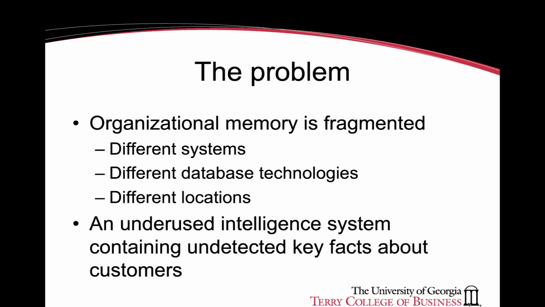The problem that organizations face, however, is that all of these different systems store different aspects of an organization's memory. Consequently, because an organization's memory is present in these different systems, its memory, or what it knows, is fragmented. It's fragmented across different systems, different technologies, and frequently different locations, since most organizations nowadays have to be multinational or even regional.